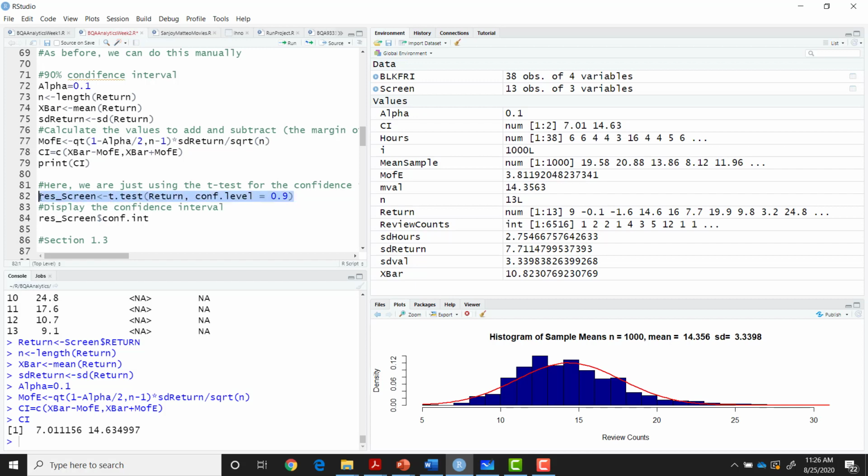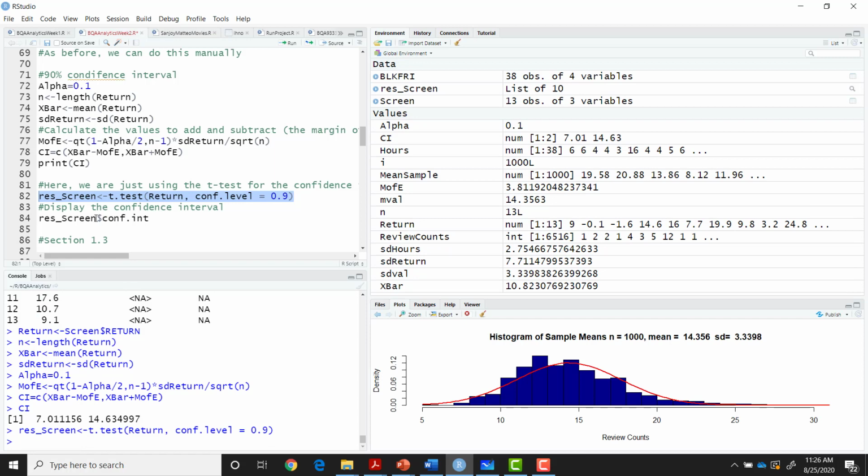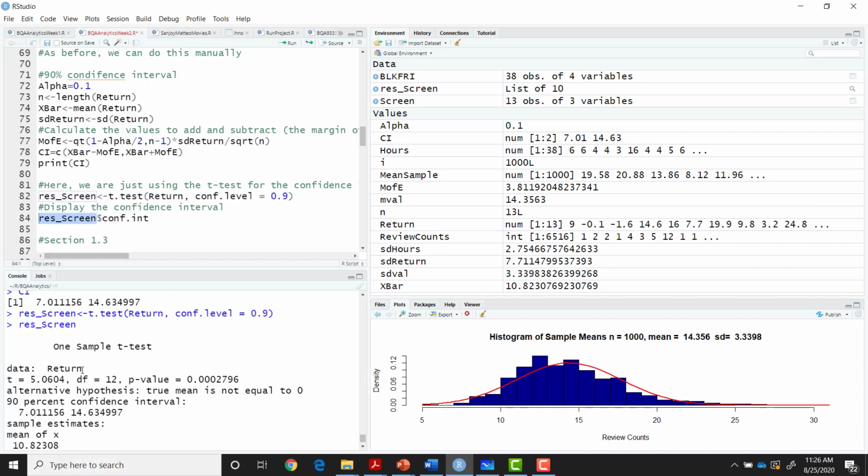But let's just see. To do a confidence interval, we use the t.test function, which runs hypothesis tests and also runs confidence intervals. So we run t.test on return and we put the confidence level. This time it just asks you for the 1 minus alpha, so our confidence level is 0.9. The result actually gives us lots of information.